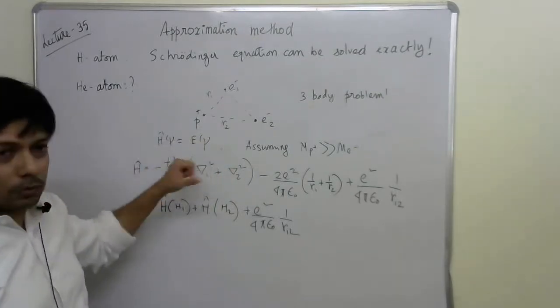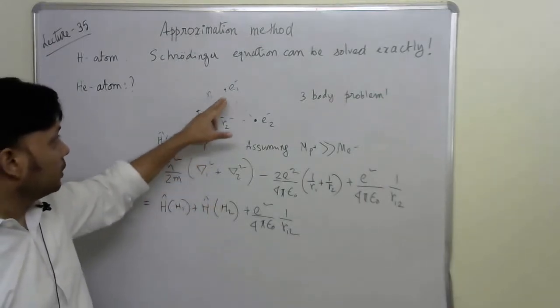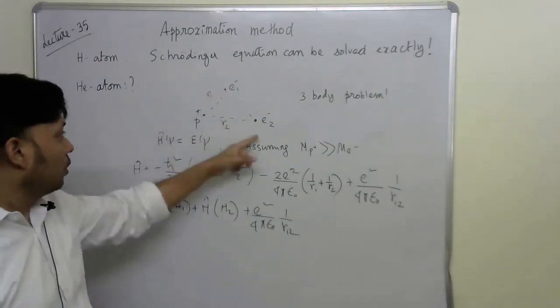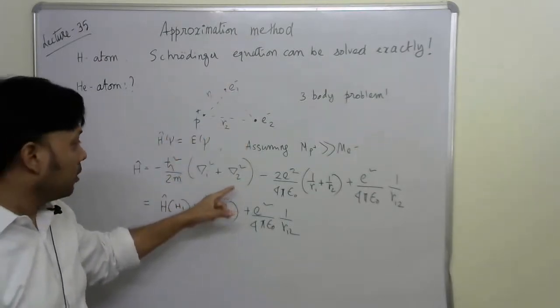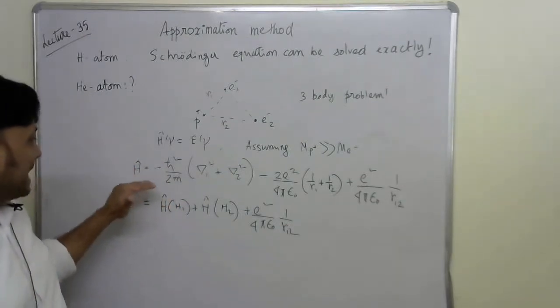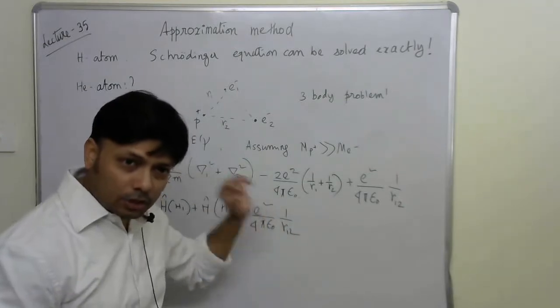H psi is equal to E psi, and then we can write the kinetic energy of electron 1 using the Laplacian operator, and for electron 2 using the Laplacian operator. So the Hamiltonian operator now consists of the kinetic energy part plus the potential energy part.